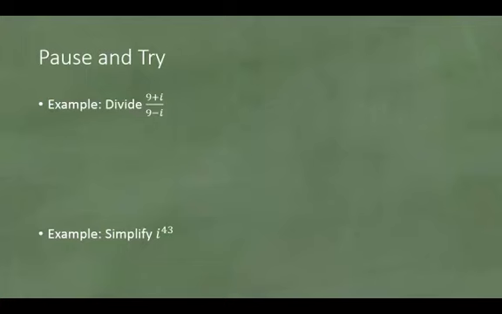Okay, again we're going to multiply 9 plus i to both the bottom and the top. Notice here, you should get a little bit better at doing this. 9 times 9 is 81, 9 times i is 9i, i times 9 is another 9i, i times i is i squared, or -1.